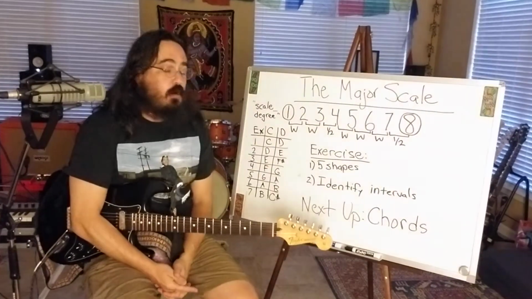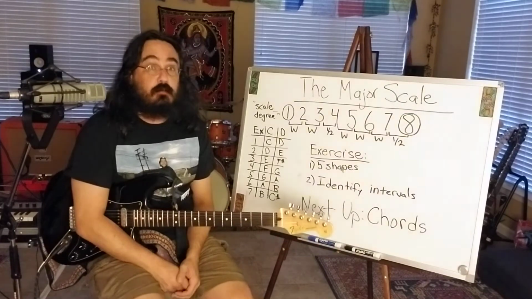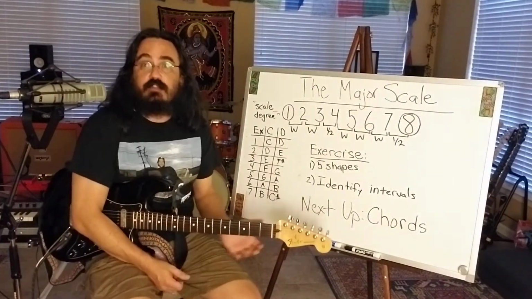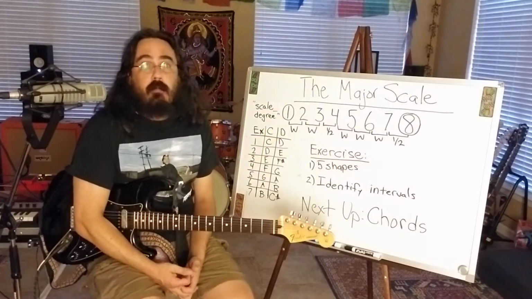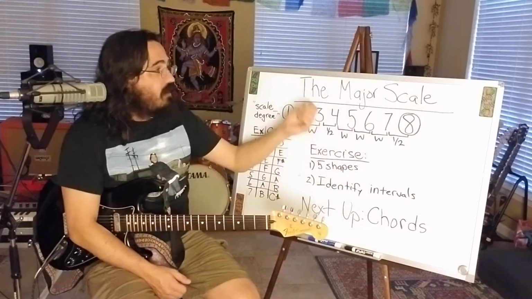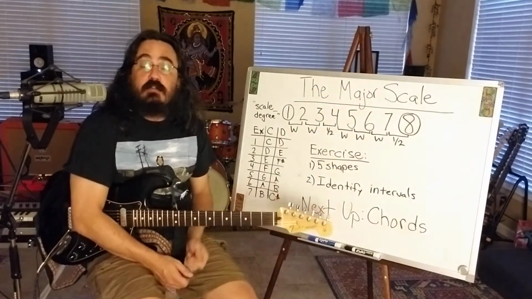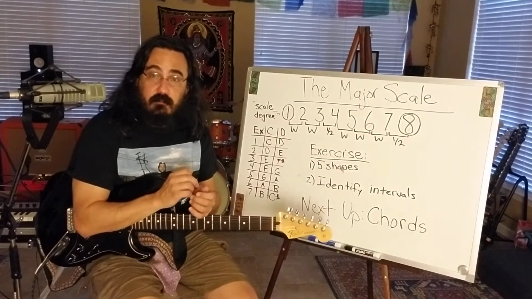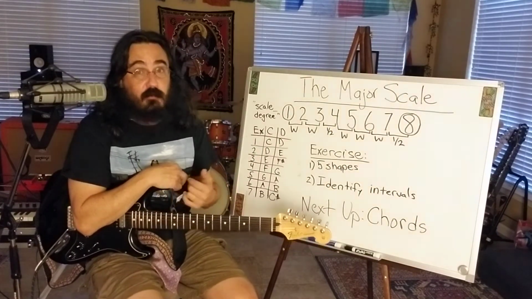So there are a lot of different types of scales and things called modes in Western music theory. And I'm no music historian, but you could probably say that the major scale has been the most influential scale on virtually all of the development of Western music, from the classical times up to what you hear on the radio today.